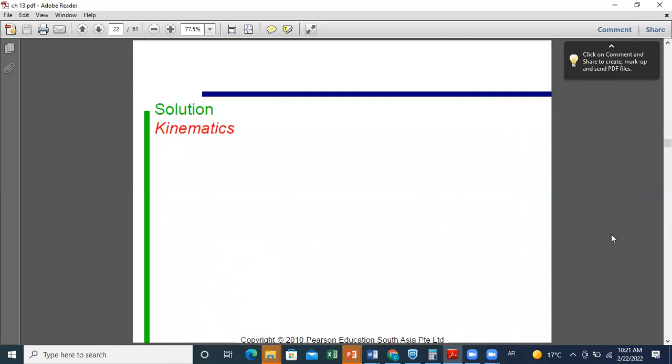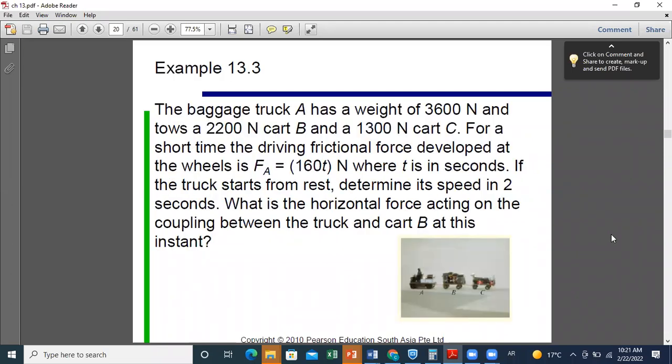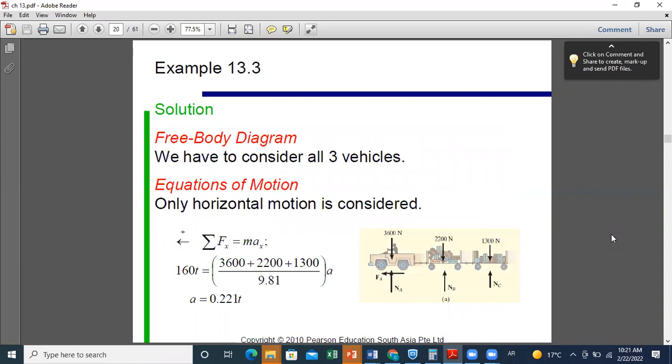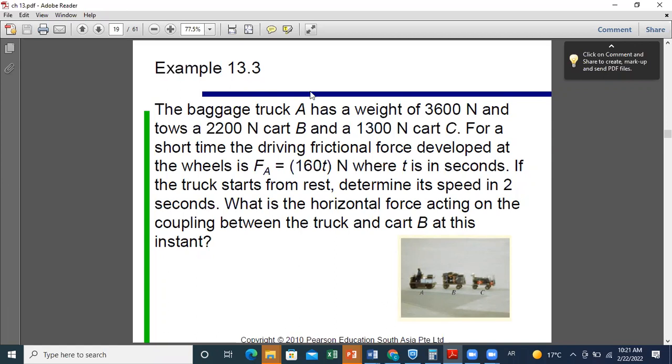So if you look at the following figure, you have a system of 3 small cars that are connected together through couplings. And they told us that the driving force on this system is only acting on A. You know that for some cars we have 4-wheel drive, or sometimes they only pull from the front or only from the back. So it depends on the car, okay? Whenever you have a 4-wheel drive, then you have a driving friction acting on the front and back wheels.